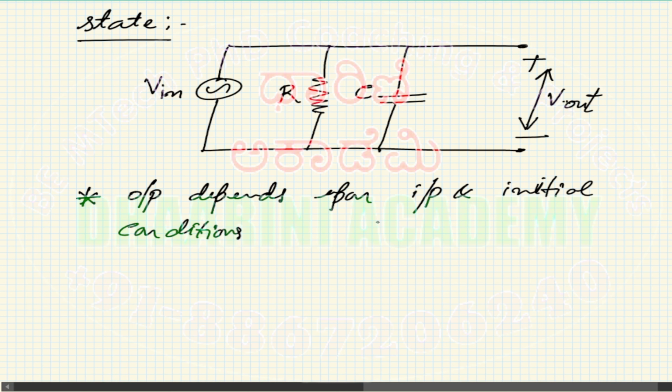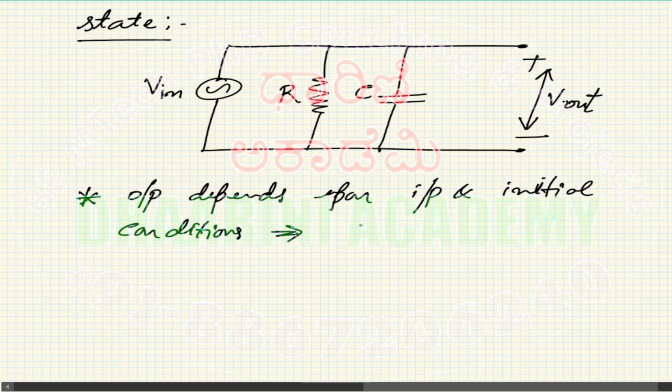Initial condition, in the sense of any past value that was present earlier in the circuit, is responsible for the current value of your output, which means the system has memory. It has to remember what was the previous value, correct? Such systems are called systems with memory.